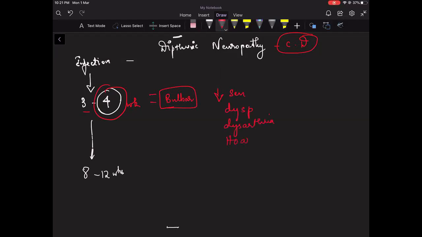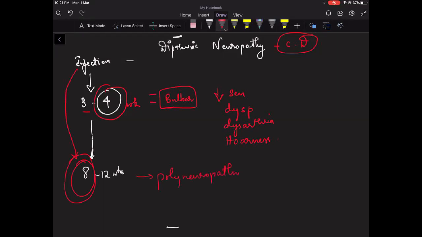Sometimes hoarseness of voice is also seen. After 8 to 12 weeks of Corynebacterium diphtheriae infection, the patient can sometimes present as polyneuropathy also.